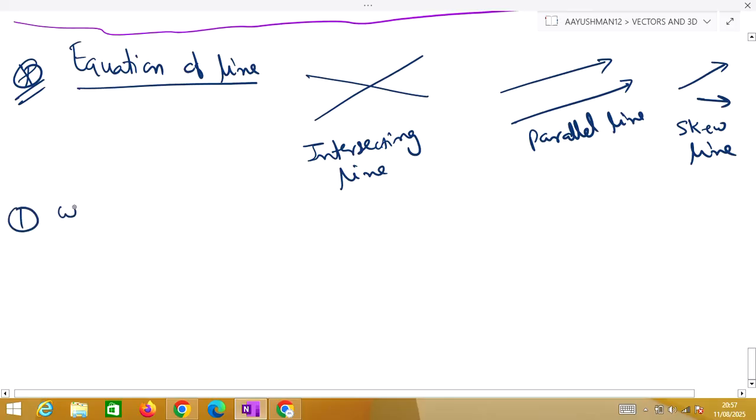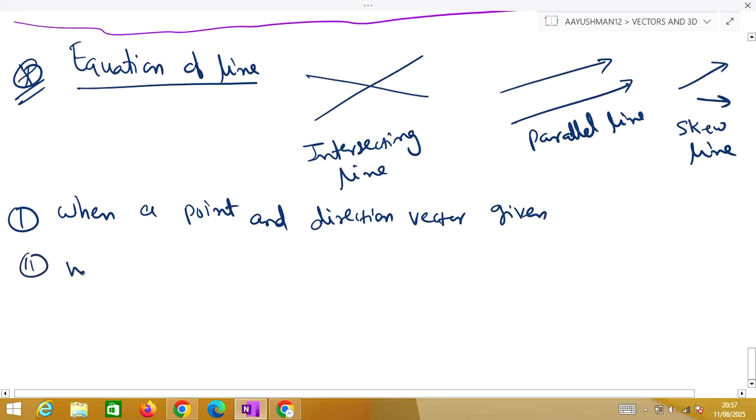First, when a point and direction vector are given. Second, when 2 points on the line are given.